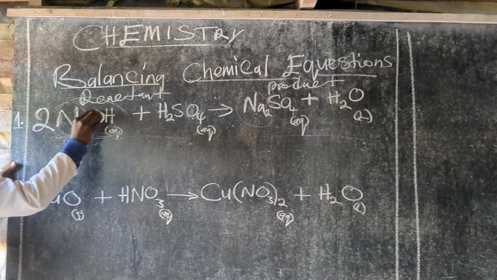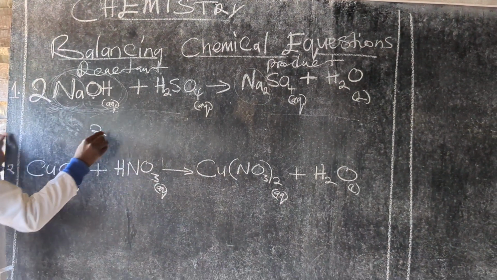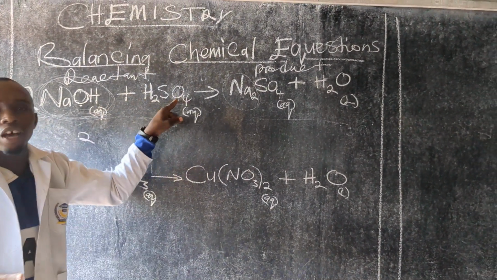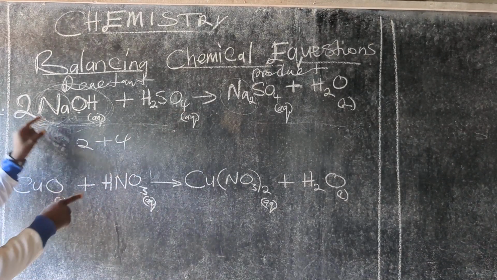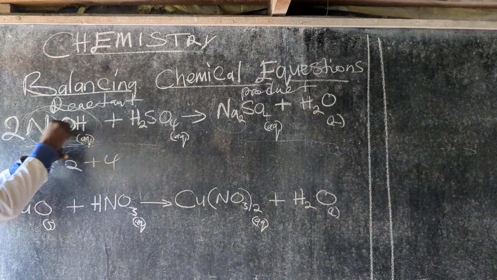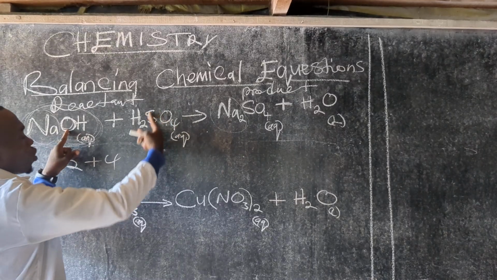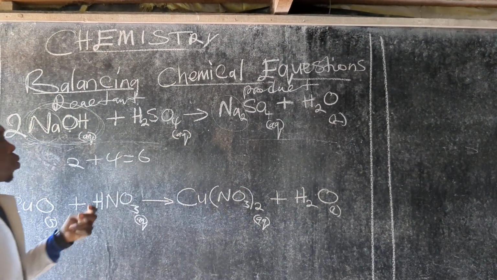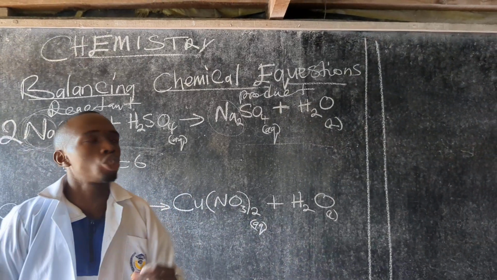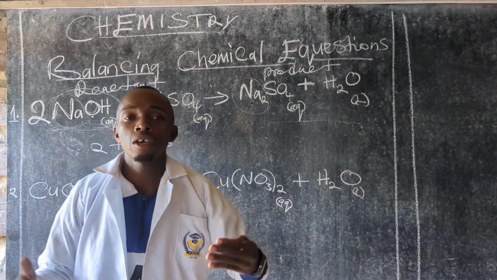So for oxygen, we have 2 here, plus another oxygen here which is a 4. These 2 atoms of oxygen plus the 4 give us 6. We compare it to the number of oxygen on the product side.